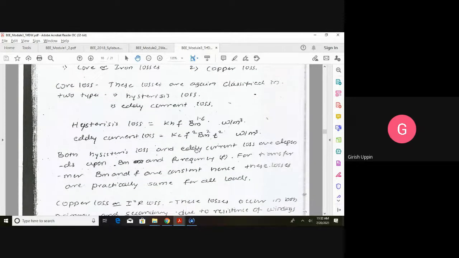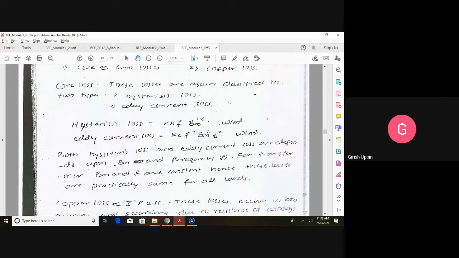If you see here, KH is constant, f is constant, and Bm is constant. So this value is constant. Eddy current loss is Ke into f square into Bm square into t square. Ke is constant, f is the supply frequency, Bm is the maximum flux density, and t is the thickness of the lamination.